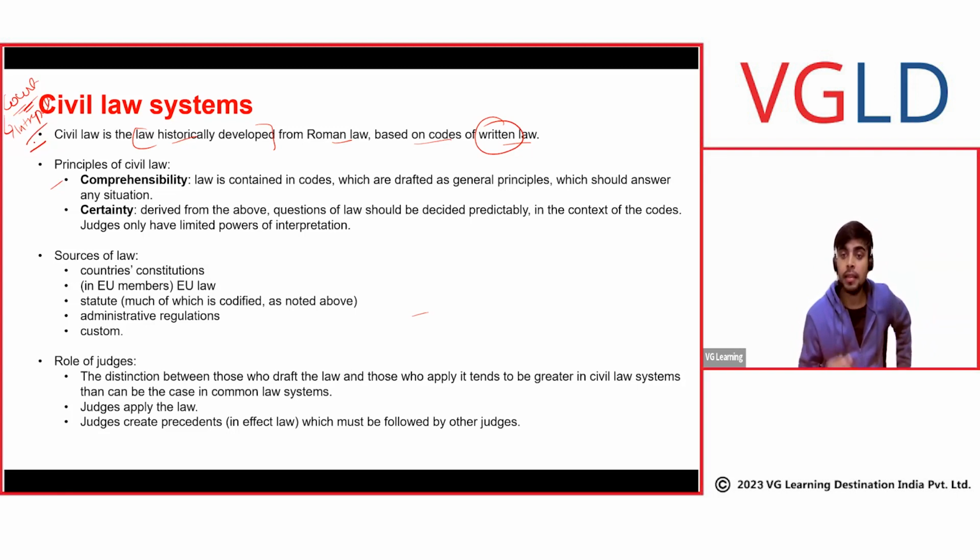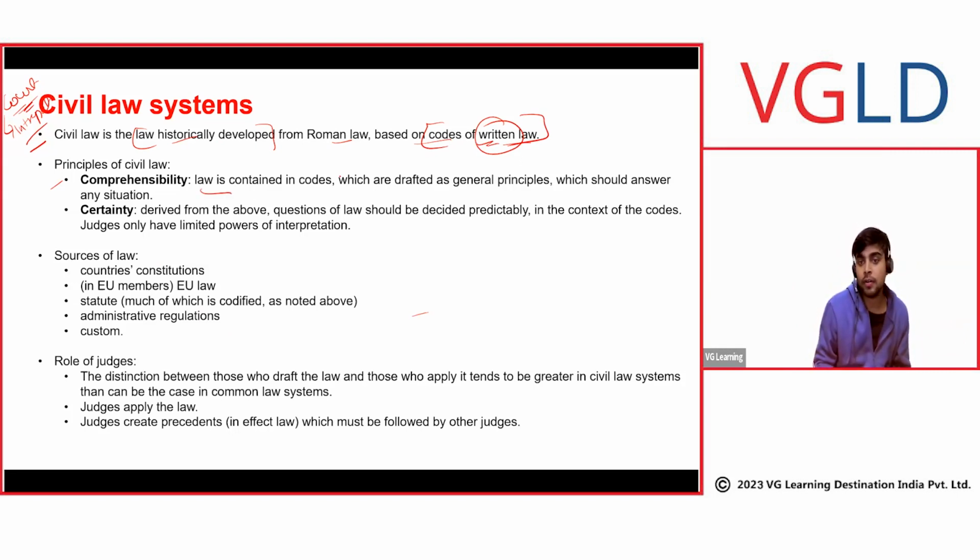The purpose is to write a codified law and then interpret it. Whereas in common law, we were seeing the cases, whatever dispute was happening, and based on that we were creating precedents. This is the difference between civil law and common law. So it is written.